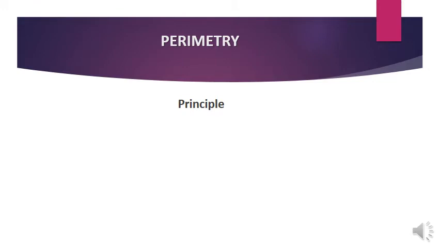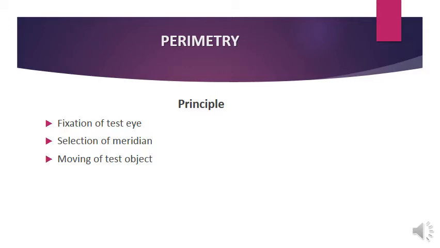The principle of perimetry is that we cover the non-test eye and fix the test eye on the central fixation point. Then we select a meridian for the test eye, and move the test object along the metallic arc, and note the point where the test object becomes first visible.